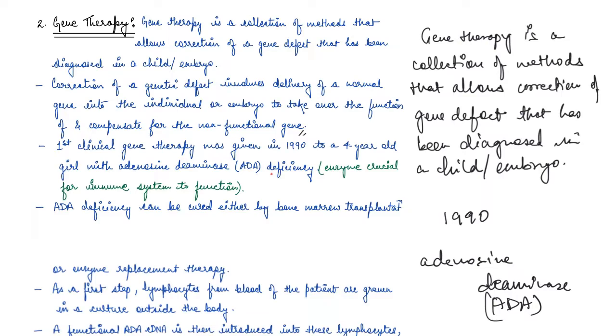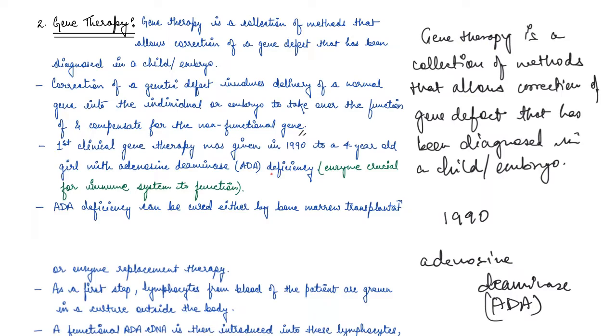And that is where we started off with gene therapy. We take out lymphocytes from the blood of the patient and grow them in culture outside the body, in vitro.